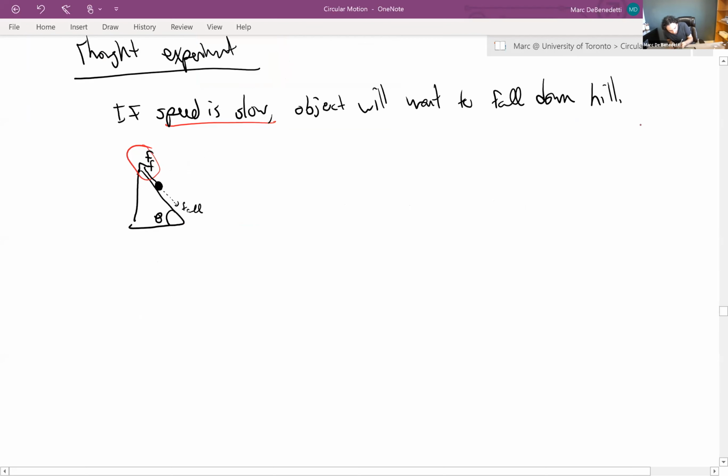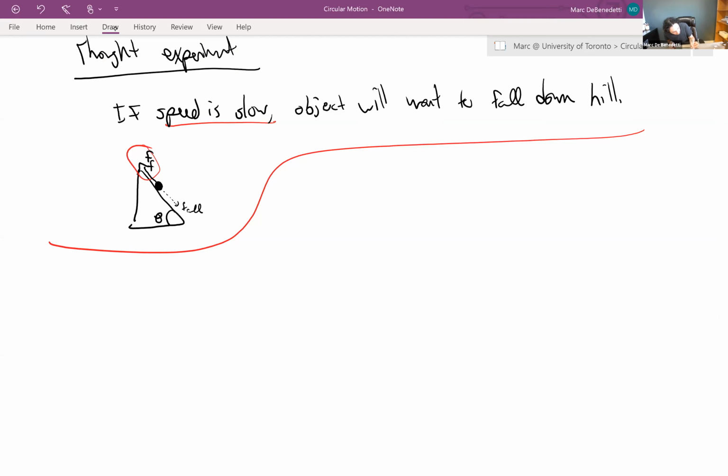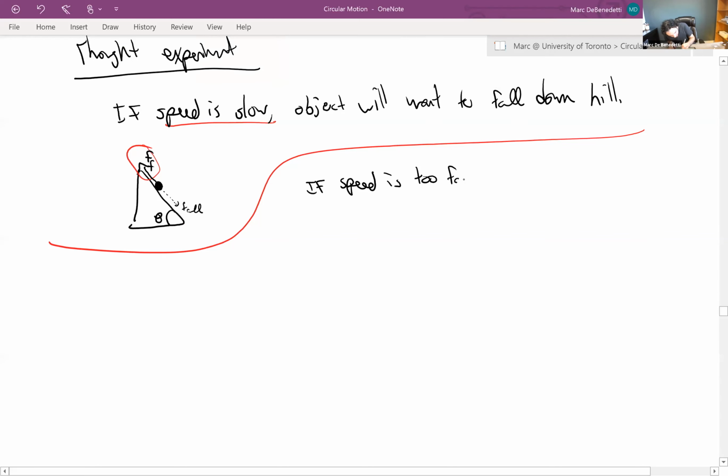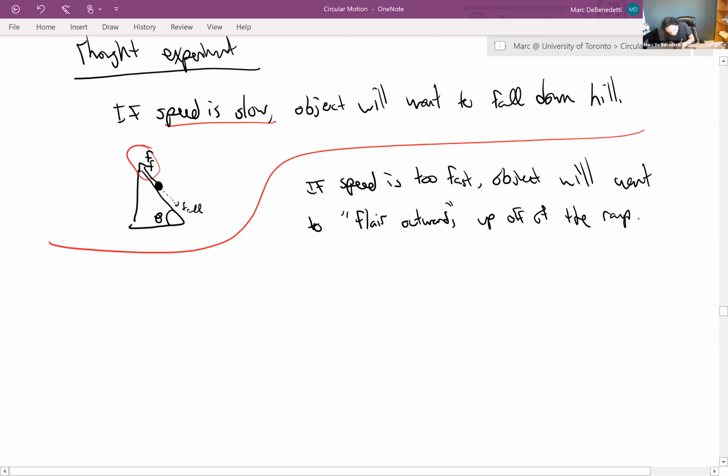A second thought experiment, if the speed is too fast, then the object will want to, I'm going to use this in quotes, flare outwards up off of the ramp.